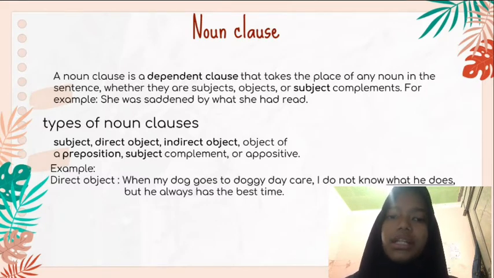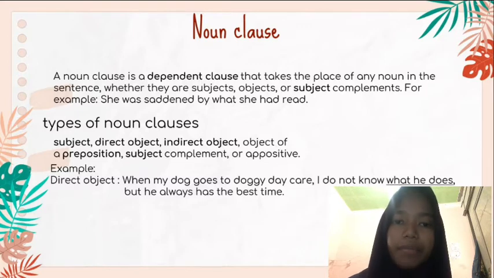For example, why my pet turtle stares at me all day is beyond me. In the sentence above, the underlined noun clause acts as a single subject of the independent clause. 2. Direct object.